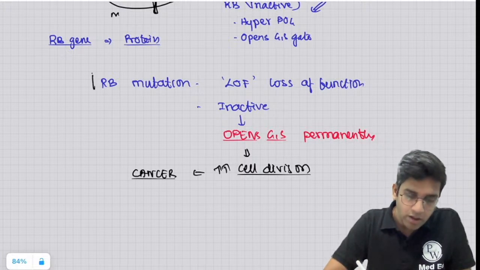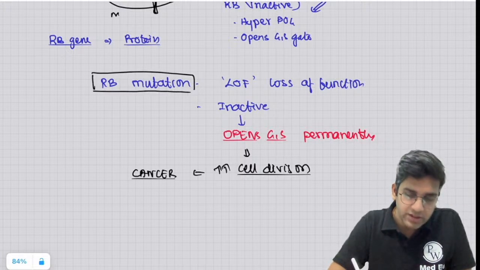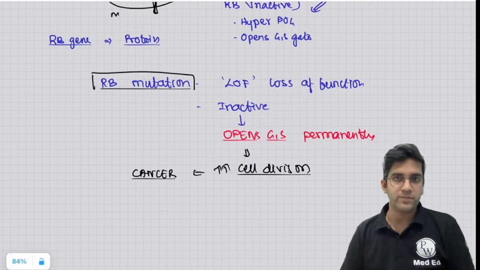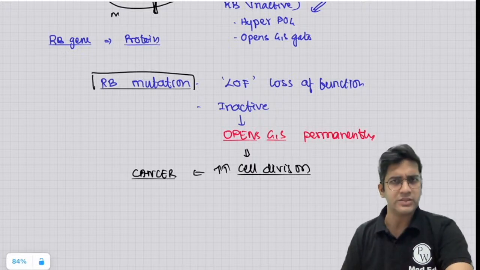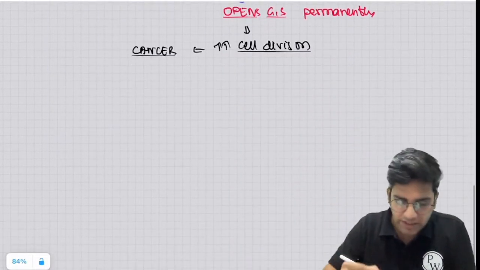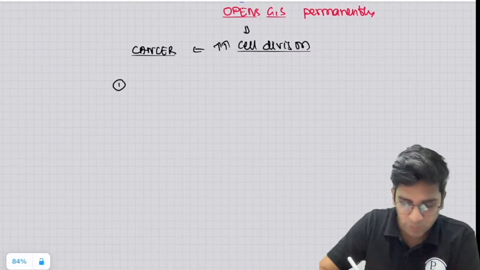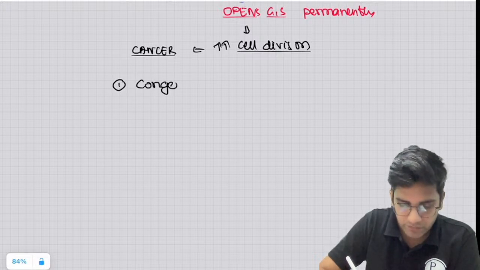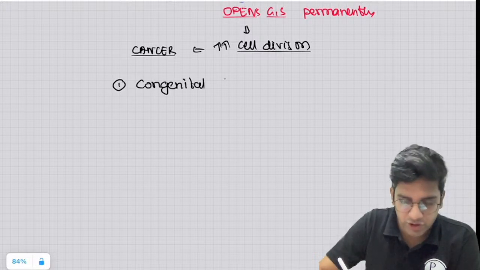The next question is, in what ways can I have a retinoblastoma mutation? We understood that only when it is mutated am I going to have a cancer. If it is normal, it does its job, right? So RB gene mutation can happen in two types. One, congenital: I have a problem congenitally at birth.